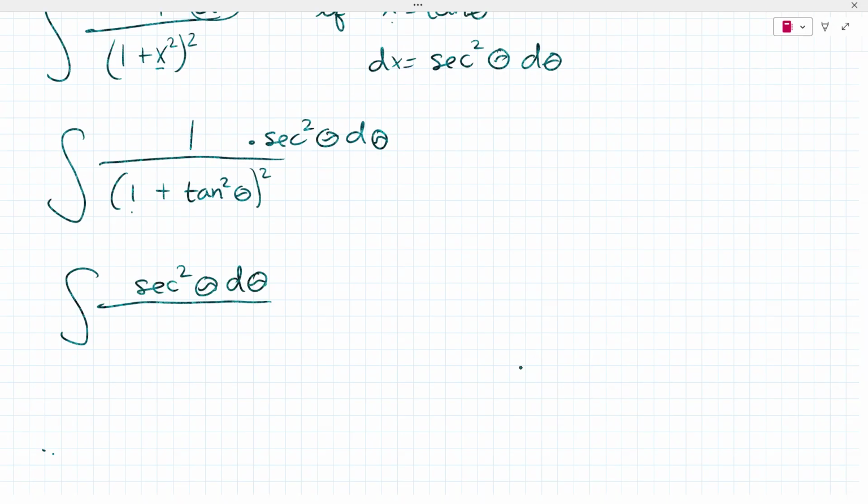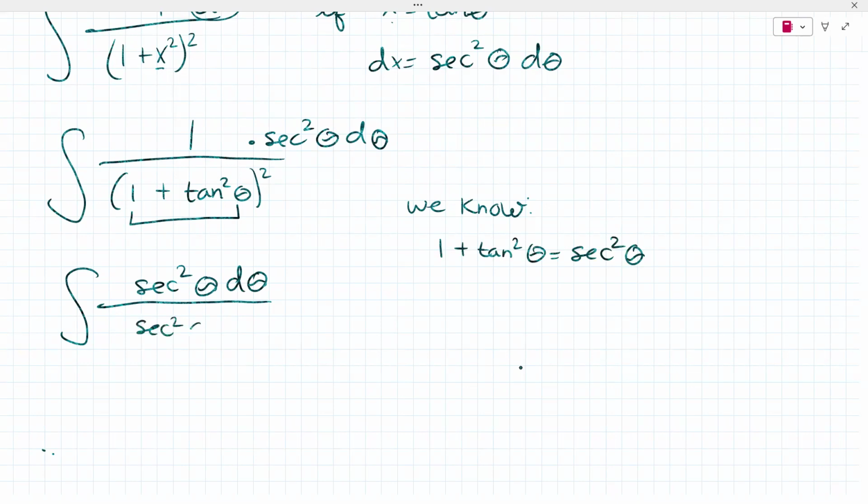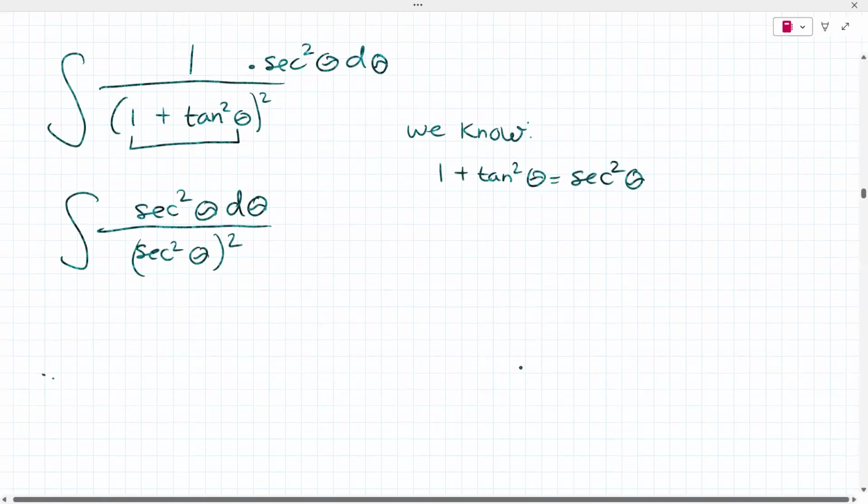And then what about this? Is there some kind of identity we can use? Yes, one of your Pythagorean identities. We know 1 plus tan squared theta is equal to secant squared theta. So you're going to replace that with secant squared theta, and clean this up a bit.